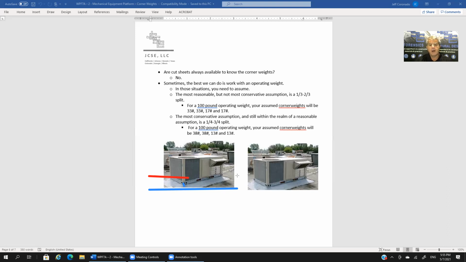All right, now, are cut sheets always available to know the corner weights? Well, the answer is no. Sometimes the best that we can do is work with an operating weight. And if we know the operating weight, we have to make some assumptions. We have to assume where the center of mass is going to be.